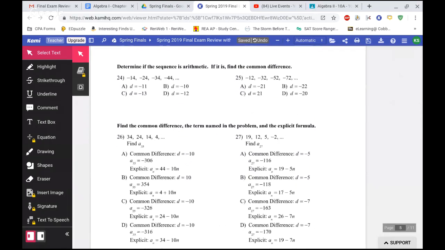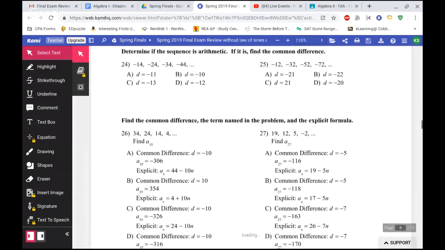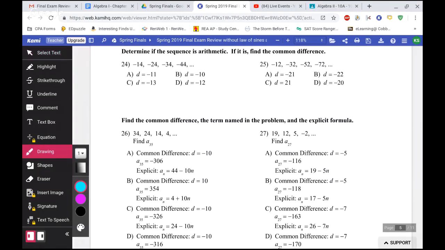to determine if a sequence is arithmetic or not, they need to have a common difference. So basically what you would do is subtract the second term from the first and then the third term from the second to make sure that the difference remains consistent from one term to the next.